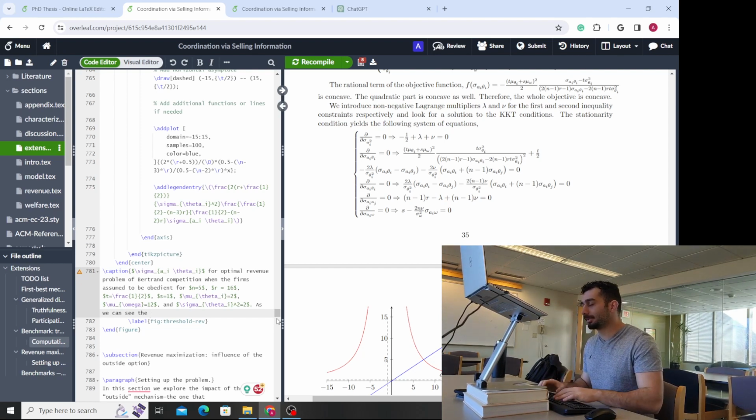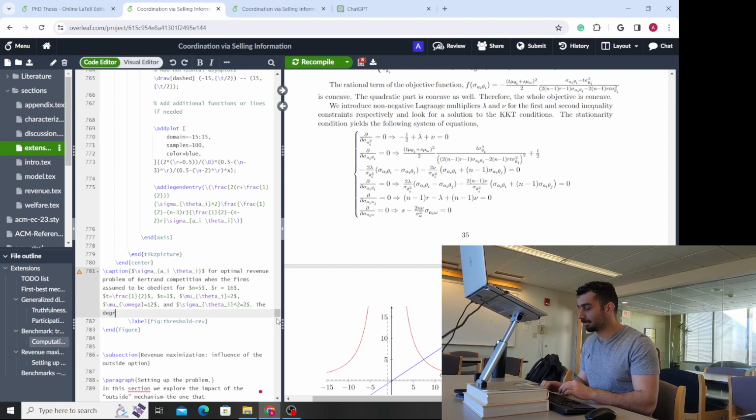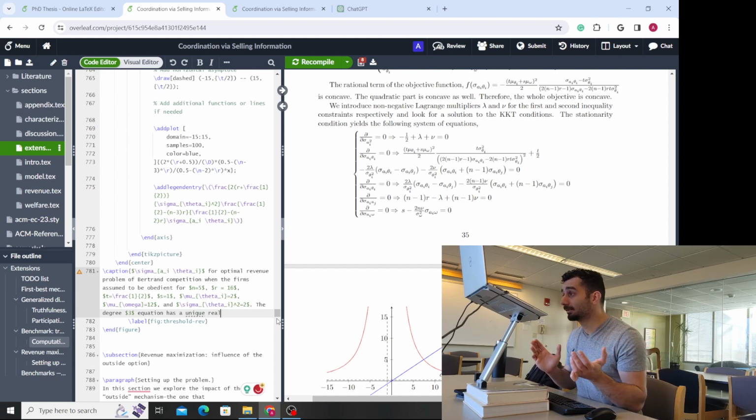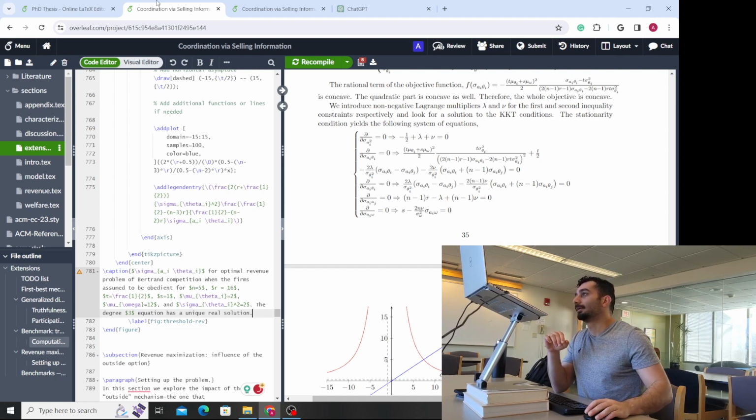Let's say the degree 3 equation has a unique real solution. We may change it. I want to add something. So let's have it here. Probably we will discuss it and change it.